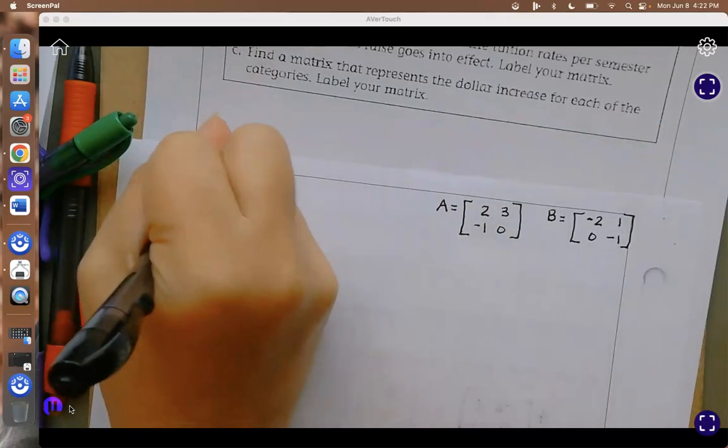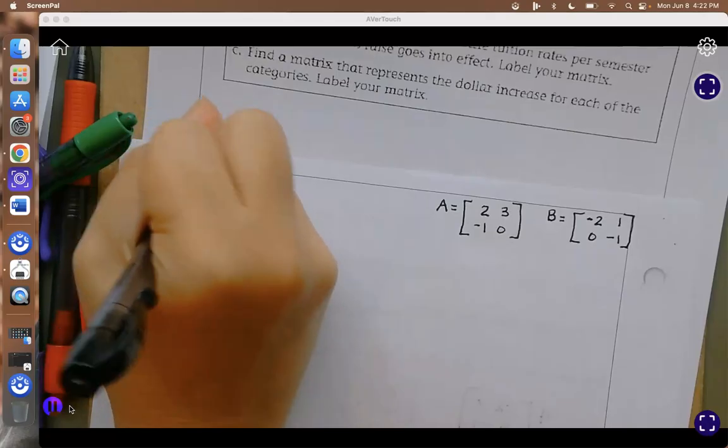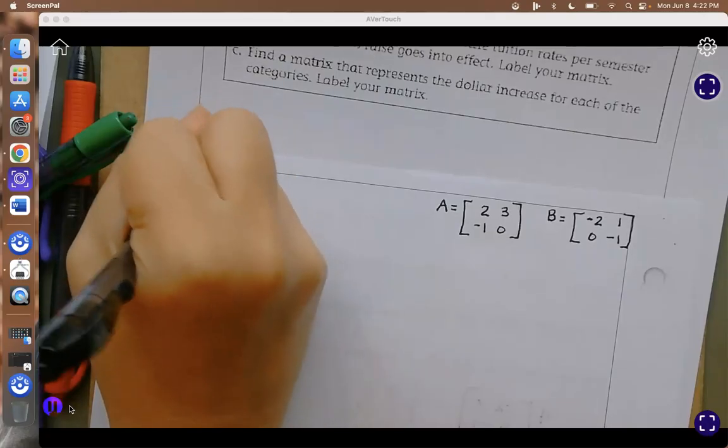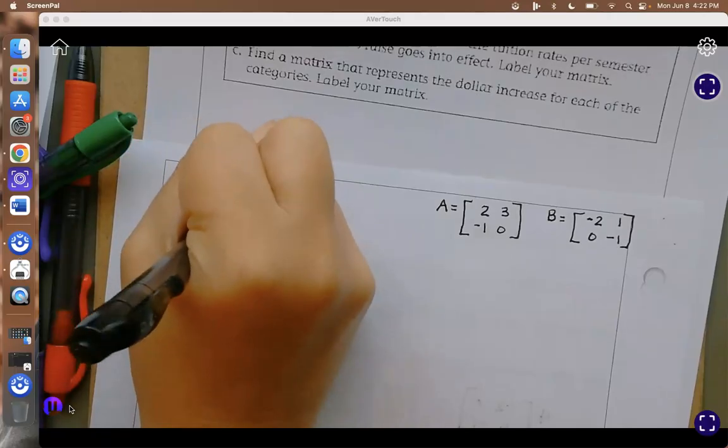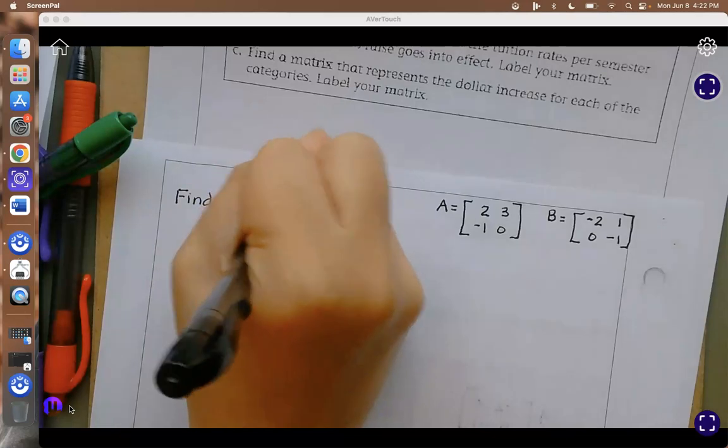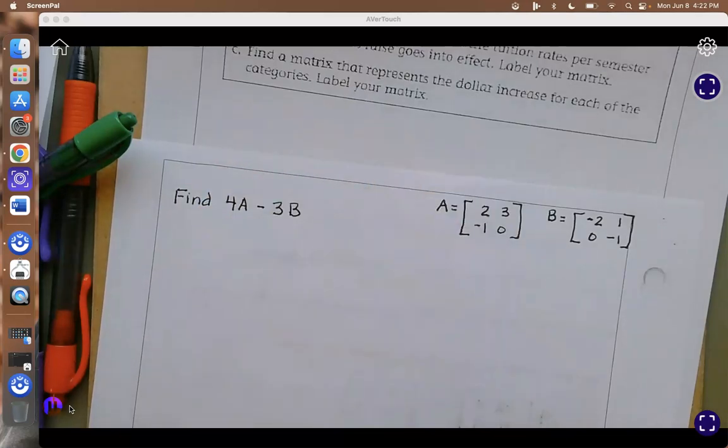And then they tell me for this problem, they say find 4A minus 3B. So, what does that translate into?